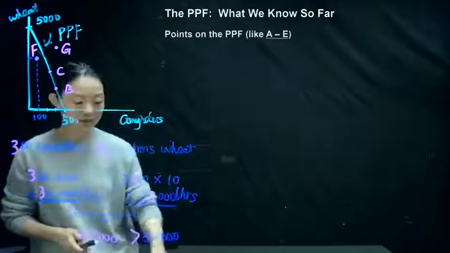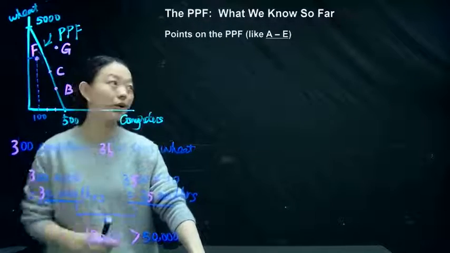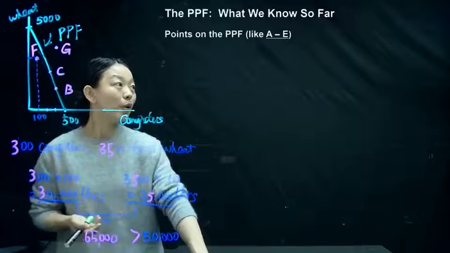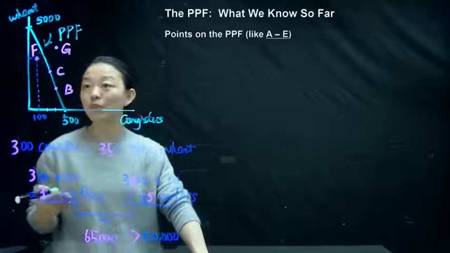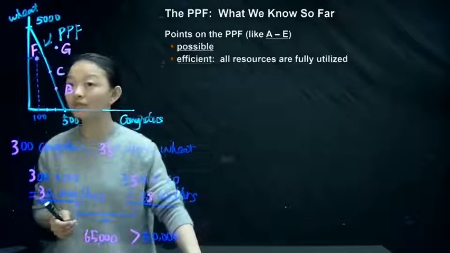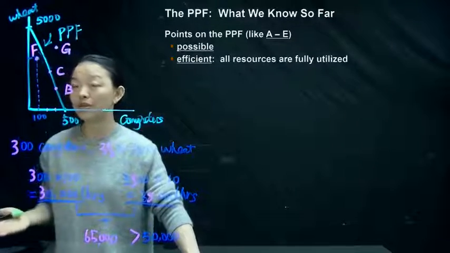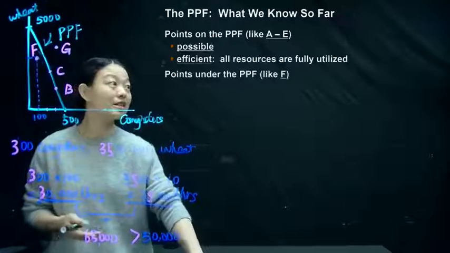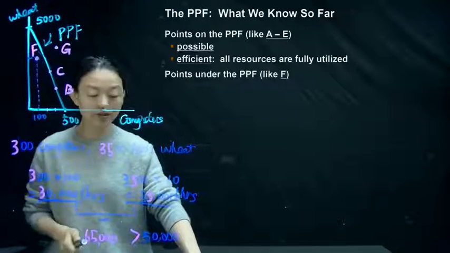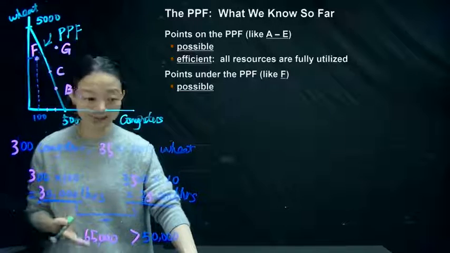So let's look at a little bit of summary about those points. Those points on the PPF, like the previous ones from A to E, are possible to produce and they are efficient because they fully utilize all the labor hours. Some points inside the PPF, like point F, are still possible to produce, however, they are inefficient.